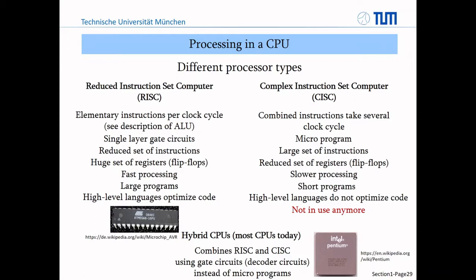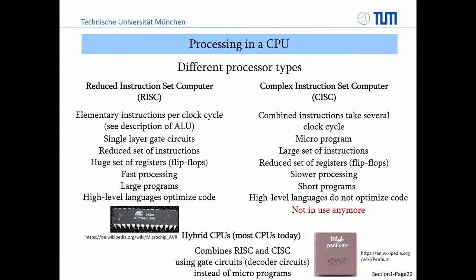The processing is slower, and the programs got shorter, because each command is split into internal small programs which are then processed. So you don't have to tell the processor each small single piece of instruction. So the high-level languages do not optimize too much, therefore.